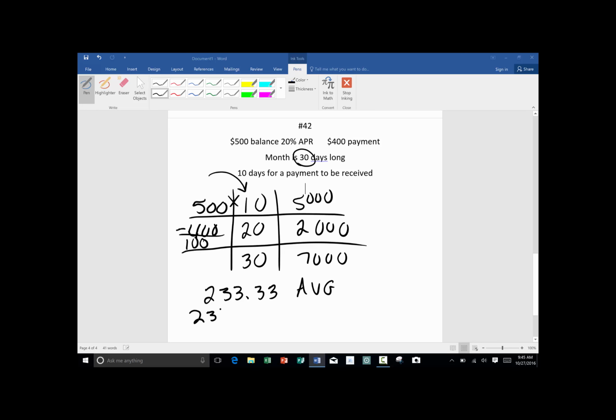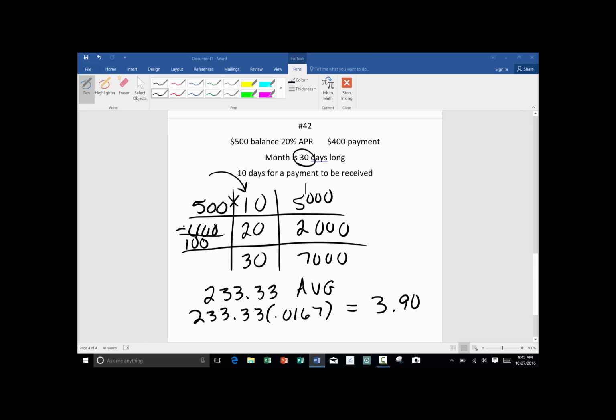So we will take the average daily balance, multiply it by the interest that they give us. Remember that 20% annual is 1.67% monthly. So we take 233.33 times 0.0167, and we get a finance charge of $3.90 if I round. Now, you go back to your last balance that you had.